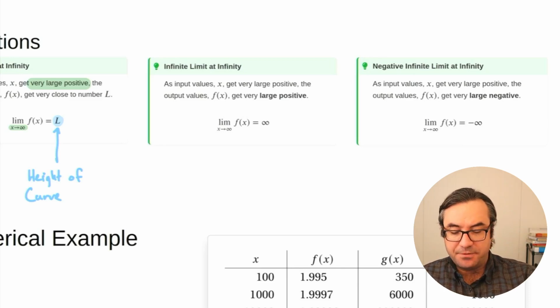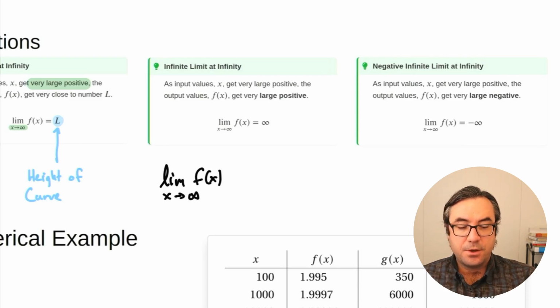And just a little bit of notation here. We're going to say the limit of f of x as x approaches infinity, we're going to use this again if x is getting large positive.